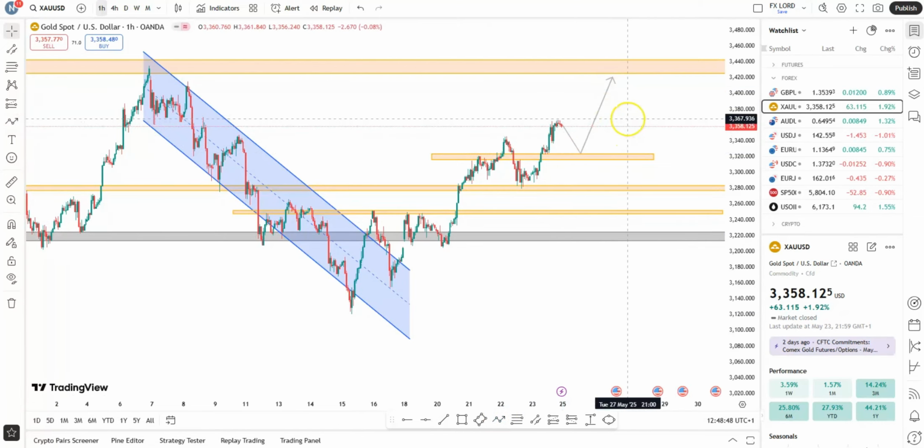So the bullish scenario on XAUUSD is price coming back to retest this support level before I get into the trade. Remember, you don't just get into the trade, you wait for a confirmation, either a bullish engulfing candle or any other confirmation you might see on the chart before you get into a buy trade.